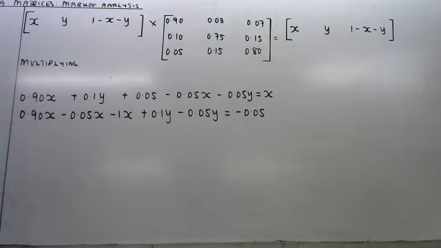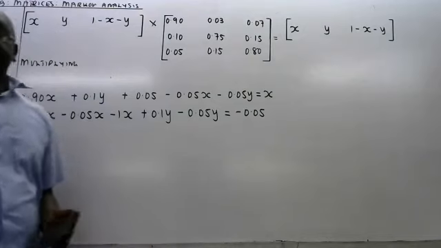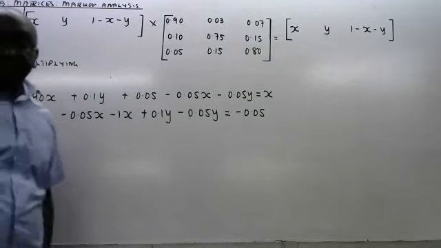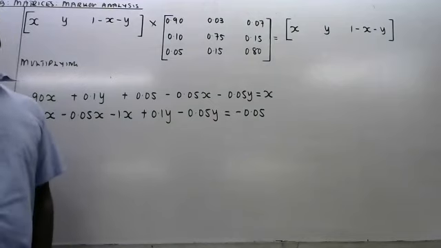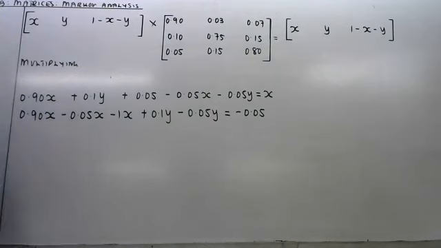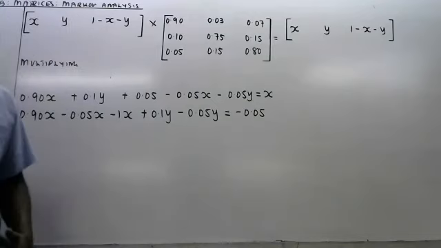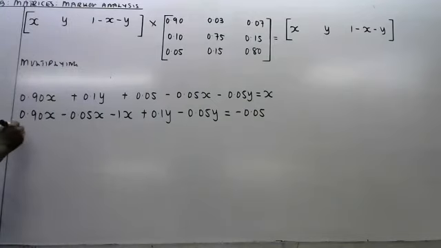Then from there, take a calculator and use it. 0.9 minus 0.05 minus 1 is equal to what? This minus this, send me the answer. Yes, I can see minus 0.15.